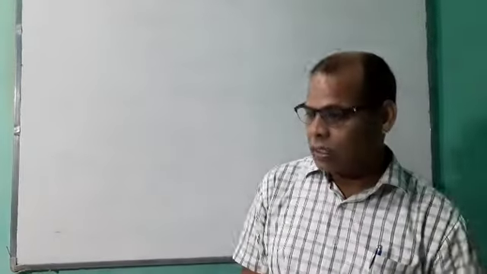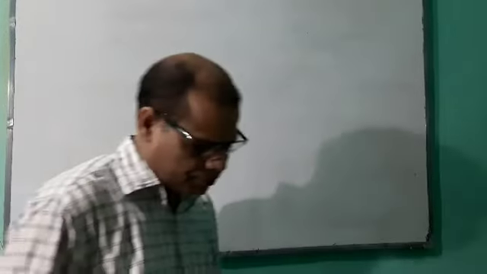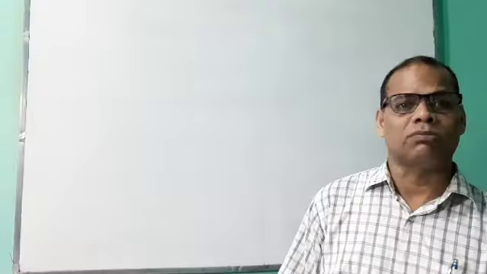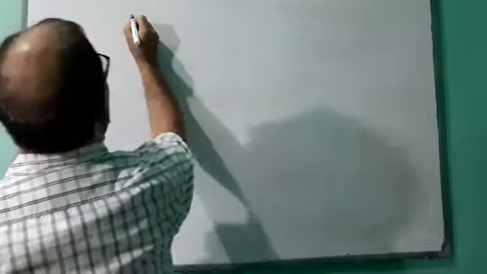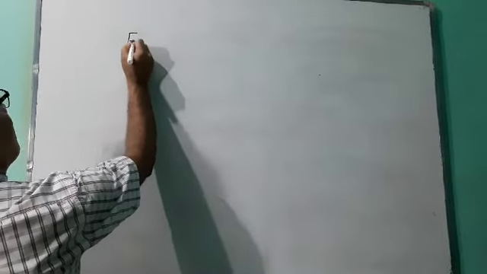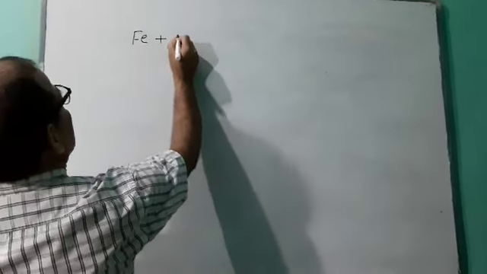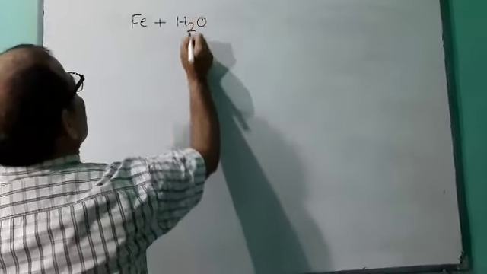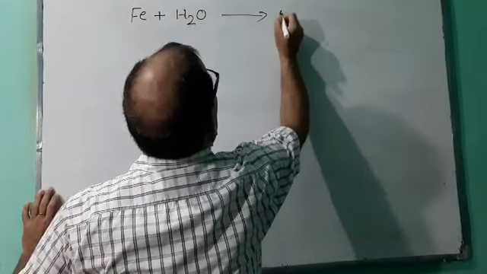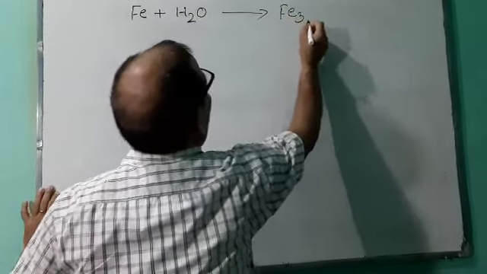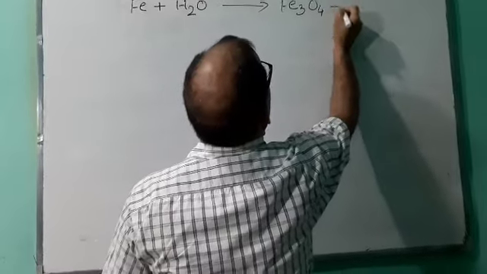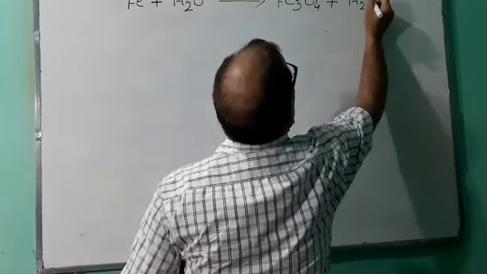Next, write the chemical equation for the reaction of iron with steam. So iron with steam gives Fe3O4 plus H2.